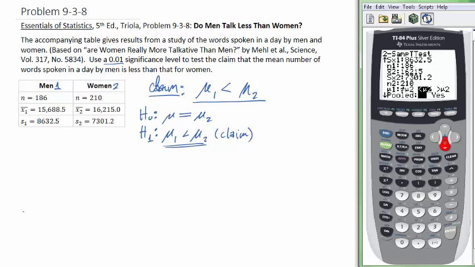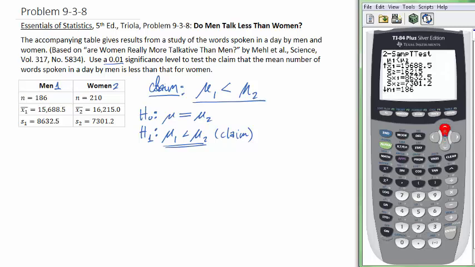Since we're not doing a standard deviation test, we're just going to assume for all problems to have pool set to no. Then we're ready to go. Let's run this, and if you scroll down to other pieces of information, you'll see our standard deviations and the sample sizes.